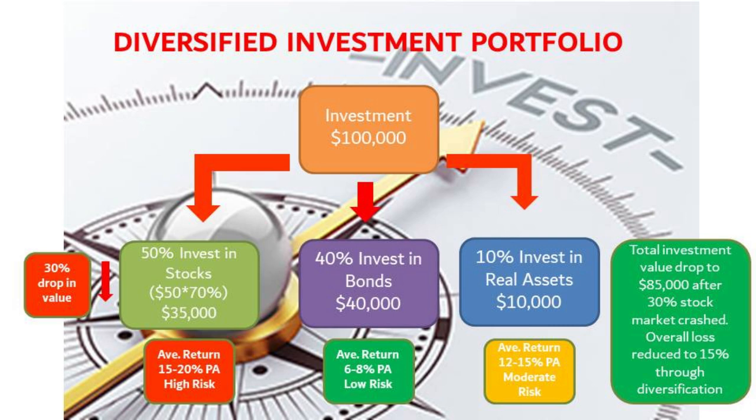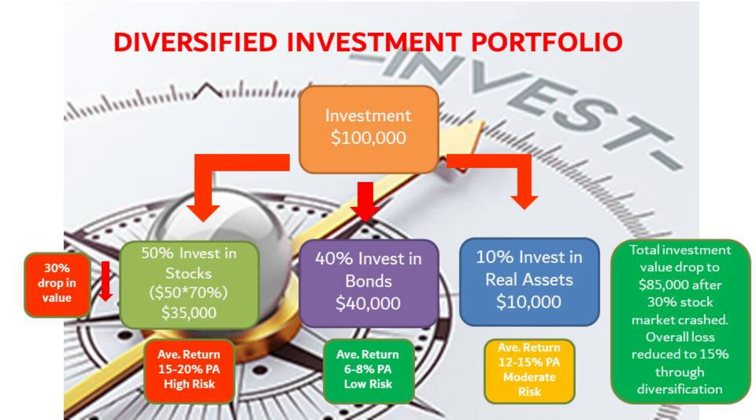If inflation rises, stocks and real assets often increase in value, while bonds may lose some ground, but the overall portfolio still stays balanced. And if the economy grows strongly, stocks usually climb while bonds provide steady income. The result? You get both growth and stability working together.